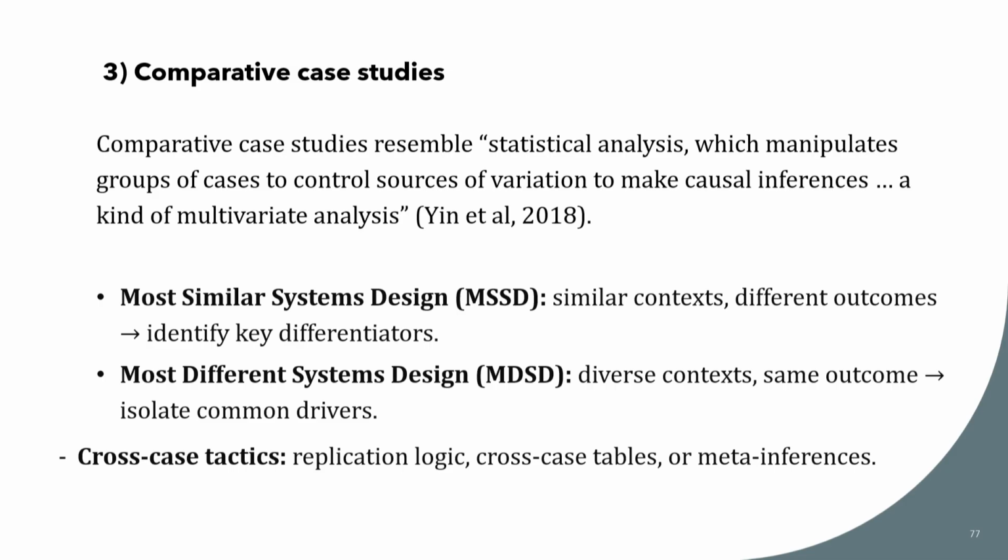One is called the most similar systems design, in short MSSD, meaning a similar context but different outcomes, which helps identify key differentiators. The second one is called the most different systems design, MDSD, meaning a very different context with the same outcome, which isolates common drivers.